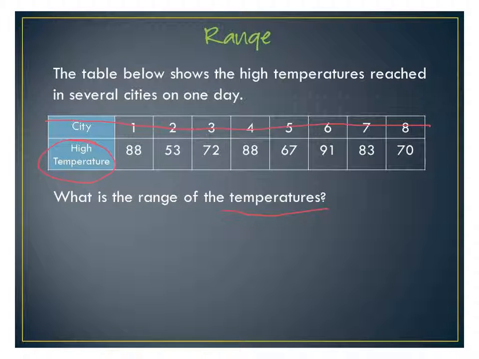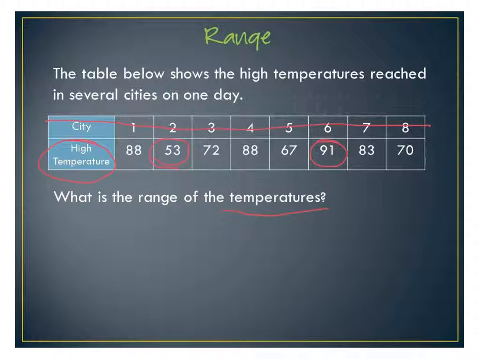So I can look through my data and I'm looking for the smallest number. It looks like 53 is the smallest. I don't see anything less than that. And I'm also going to look for the greatest number. And the greatest number I see is 91. Now, another thing that I could do is I could line them up from least to greatest and then pick the smallest and the greatest of the numbers.